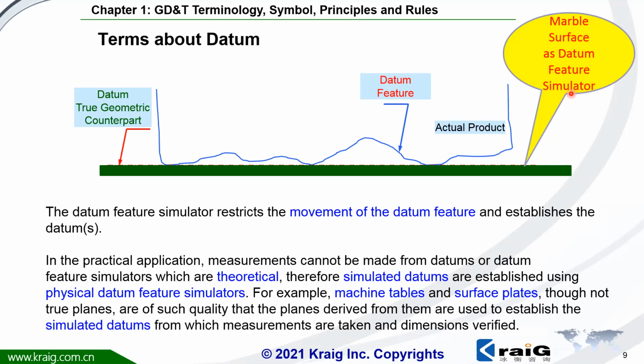Please remember, datum feature is not datum simulator. Feature is the physical portion of the part. It's not perfect. Datum simulator is almost perfect. We use datum simulator to simulate the true geometric counterpart.